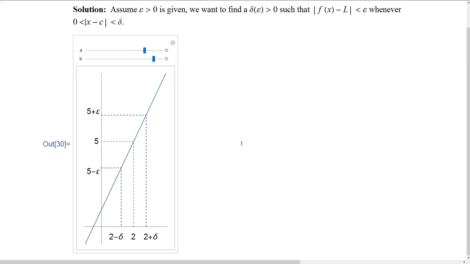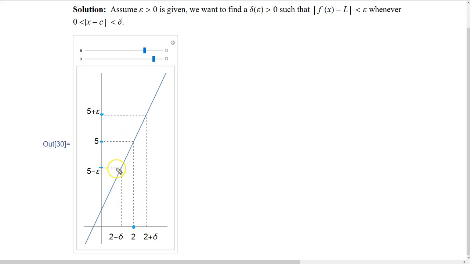So here we have the graph. Right here's 2. And right here is our limit L, that's 5. Now you notice that currently we have 5 minus epsilon sitting right here, 5 plus epsilon sitting right here.